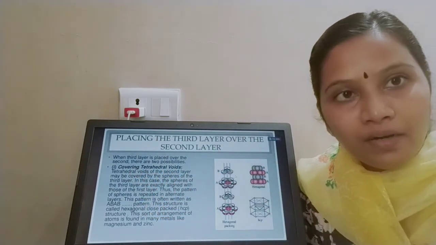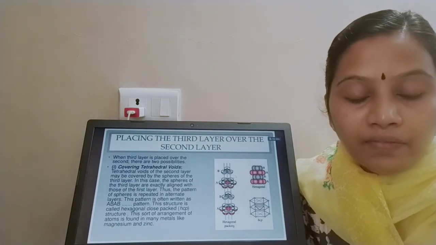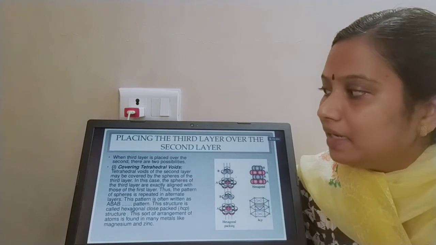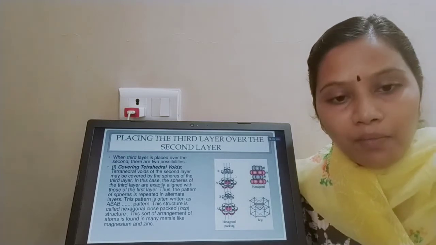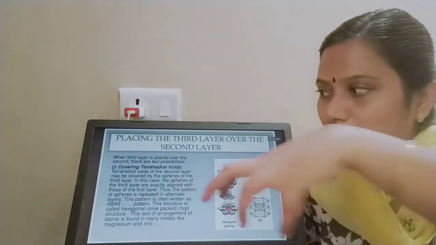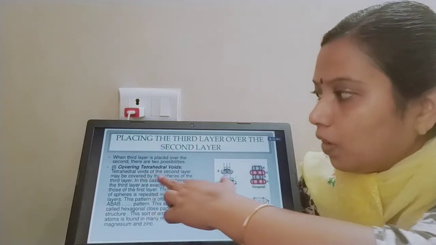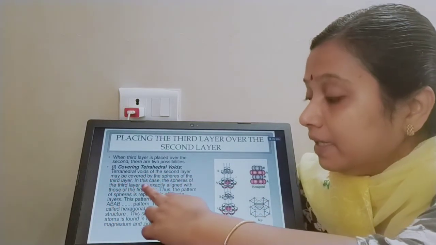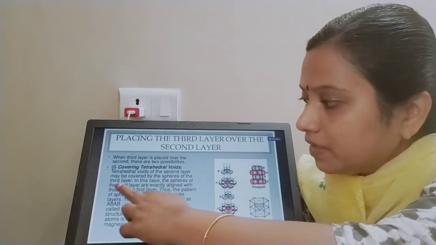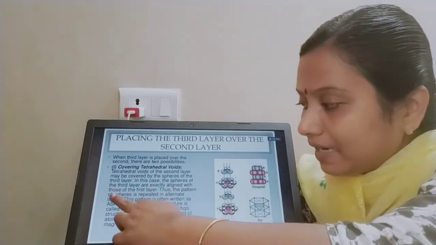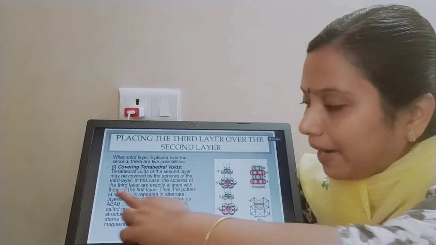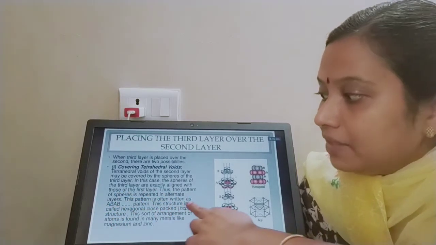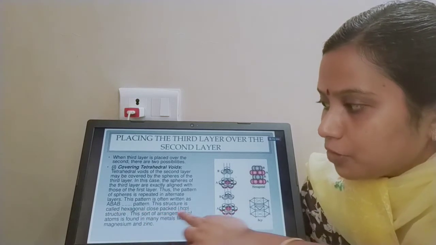When 3 neighbors touch each other, I will get a tetrahedral void. Now I am going to cover the tetrahedral void. The tetrahedral voids of the second layer may be covered by the spheres of the third layer. In this case, the spheres of the third layer will be exactly aligned with the first layer. So the pattern of the spheres is repeated and I will get the pattern AB. This structure is called hexagonal close packed structure.